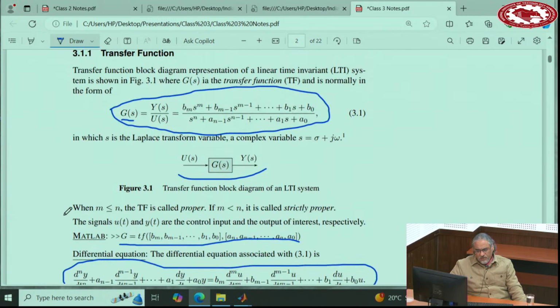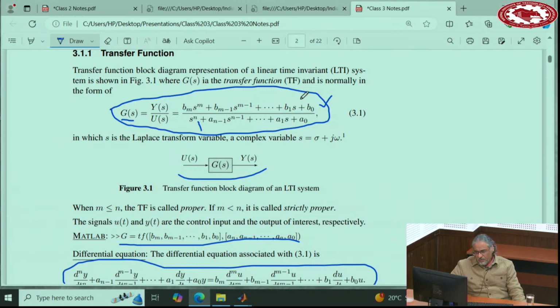Now, the transfer function for linear time invariant systems that we work with is always in this form. It has a polynomial in the numerator and a polynomial in the denominator, and the order of this system is this n, the power of s in the denominator. The roots of the polynomial in the denominator are called the poles of this system, and you will see in a moment why.